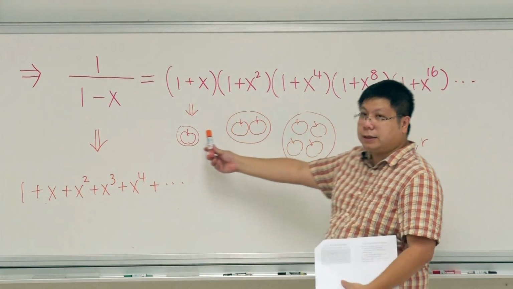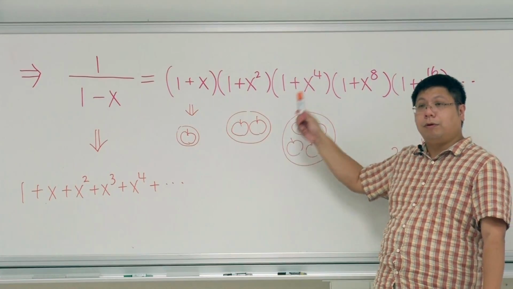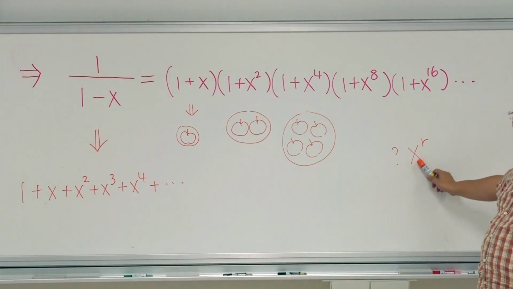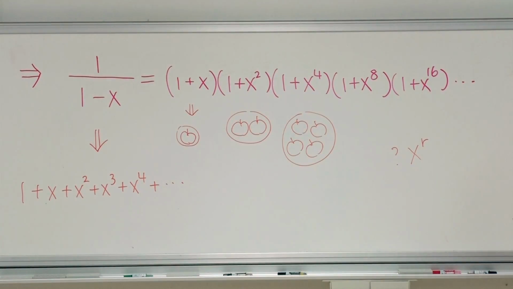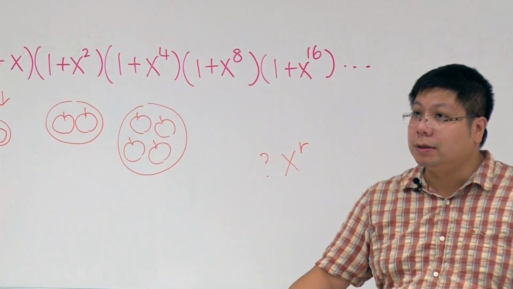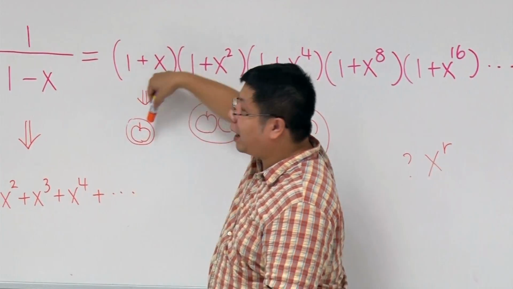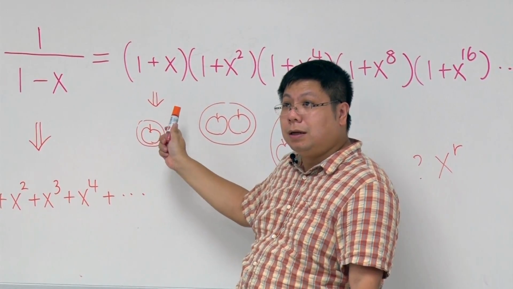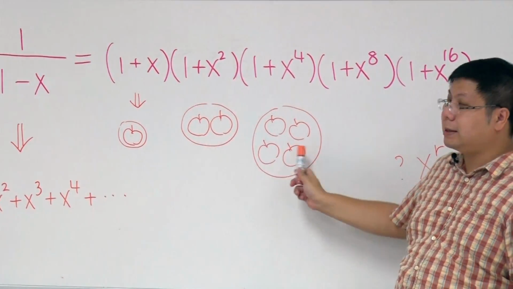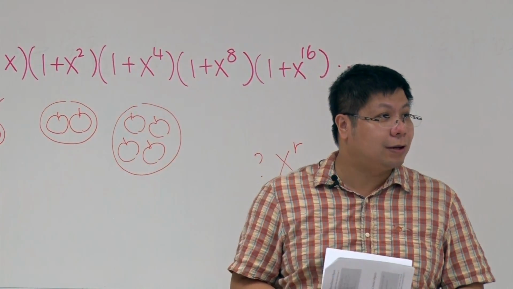First of all, I can select 0 or 1 apple, 0 or 2, 0 or 4, and so on and so forth. Is that okay? The coefficient of x to the power r must be the number of ways that we can select exactly r apples, such that from the first part, I can select 0 or 1. From the second part, I can select 0 or 2. From the third part, I can select 0 or 4, and so on and so forth. Does that make sense? Is that okay?